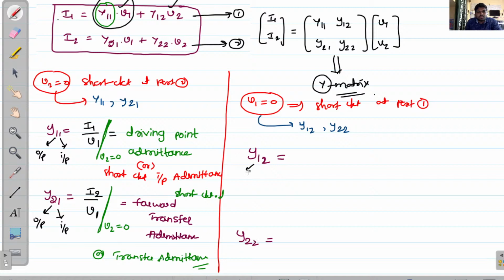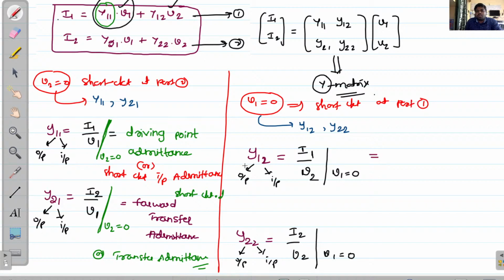And this one is our output and this one is our input, and already we know I by v is admittance. For y12, output is related to port 1 and input is related to port 2, so that is I1 by v2, which is possible only when v1 equals 0. When coming to y22, this 2 is output and this 2 is input, and in the general formula I by v both the variables are related to port 2, so I will take I2 by v2, and which is possible from port 2 to port 1, so that we can call it a reverse transformation.